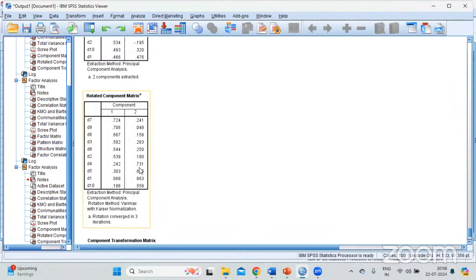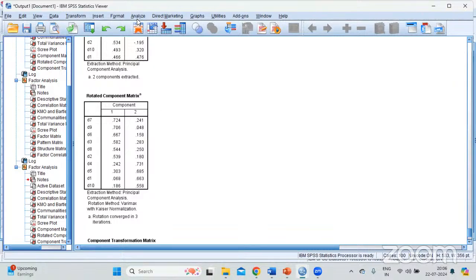Although the theoretical assumption is that this particular domain was supposed to be unidimensional, so ideally there had to be one single component extracted, we are getting two different components.